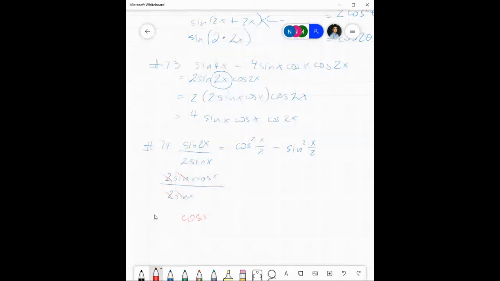Okay. Note that the double angle identity says cosine 2x equals cosine squared x minus sine squared x. But if you are dividing by 2, notice this.